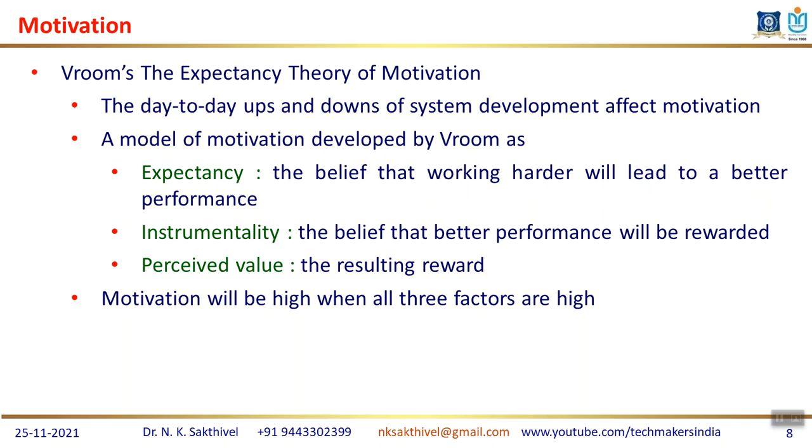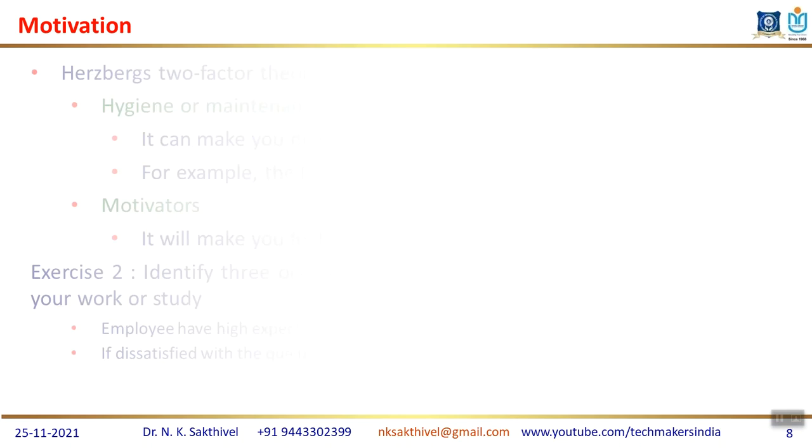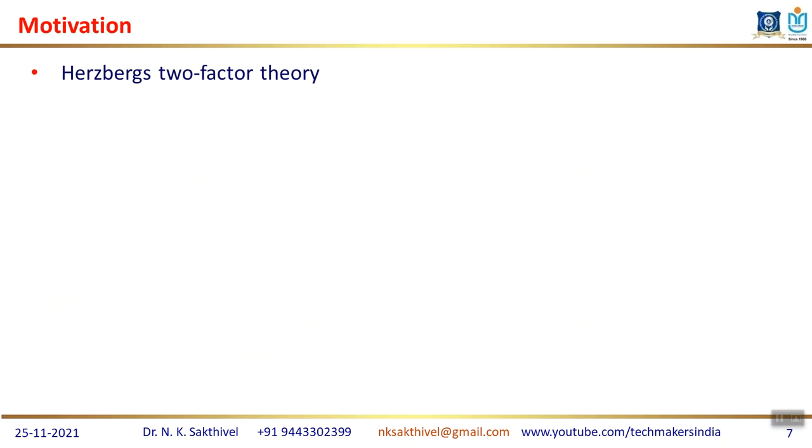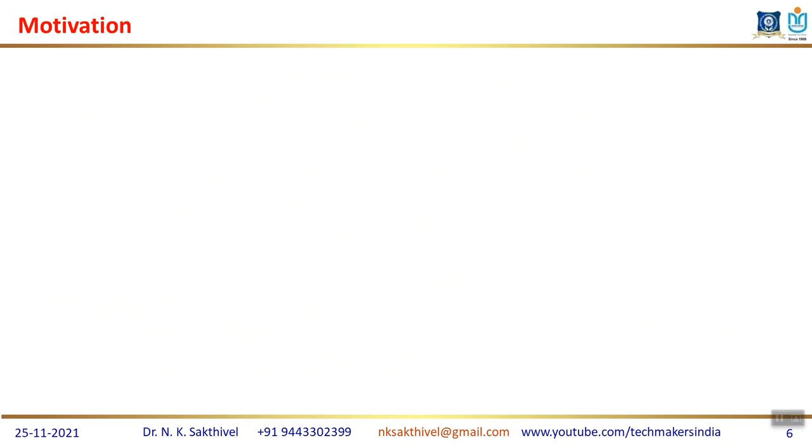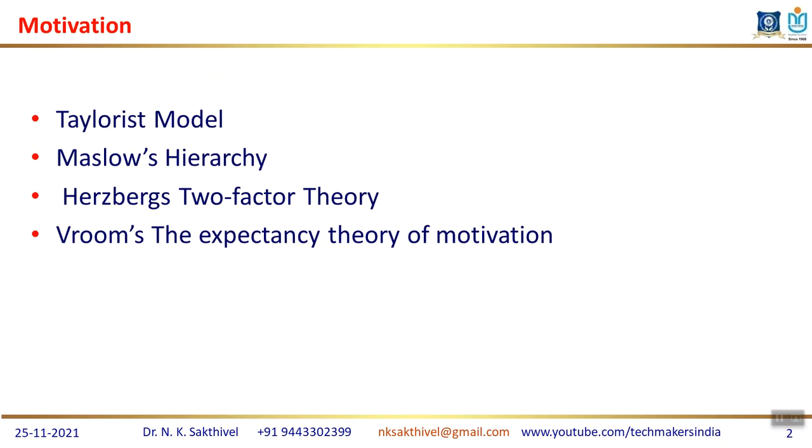So these are the points on how to motivate employees. If you want to encourage workers, we need to consider all four models: the Taylorist model, Maslow's hierarchy model, Herzberg's two-factor theory, and Vroom's expectancy theory.